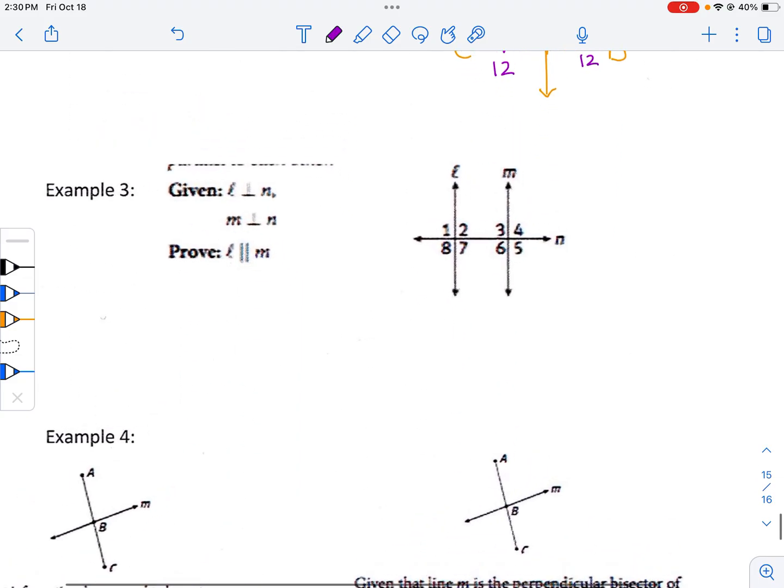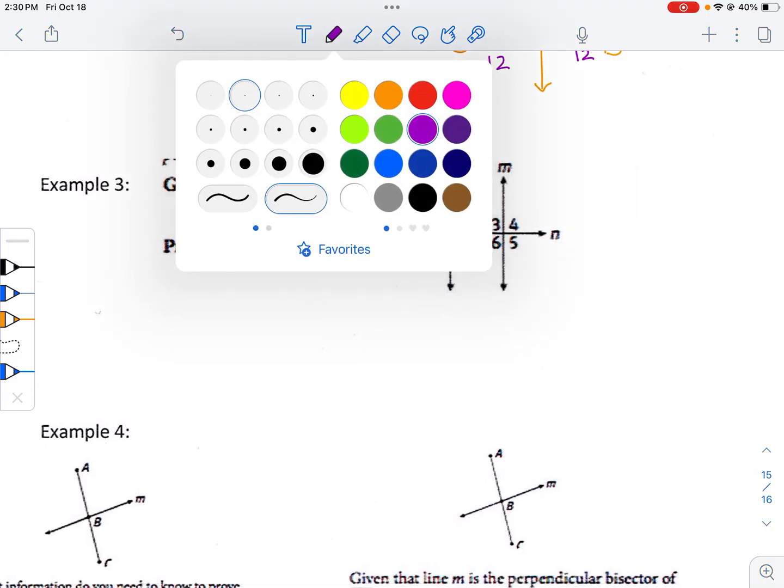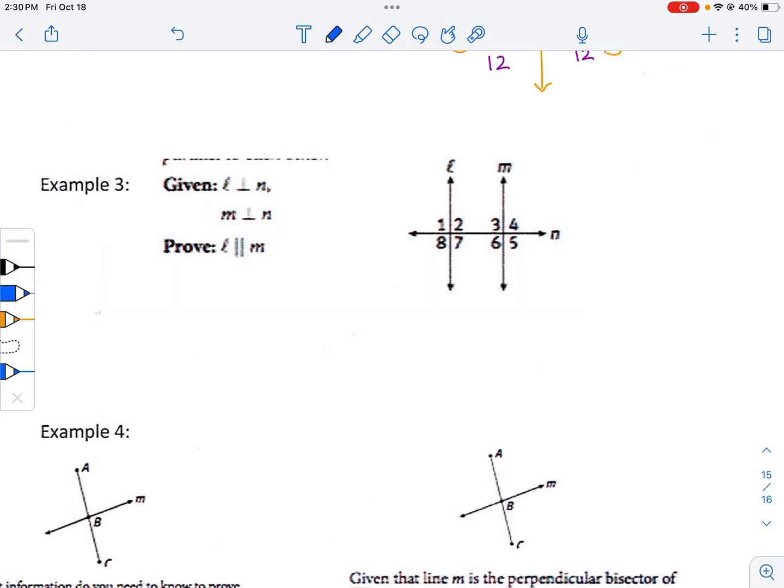Okay, a couple more quick examples where we're going to really try to be able to prove some stuff. Given that, and again, notice the symbol, given that L is perpendicular to N. So here's L and here's N. If they're perpendicular right away, I'm going to mark a little right angle here to show that.